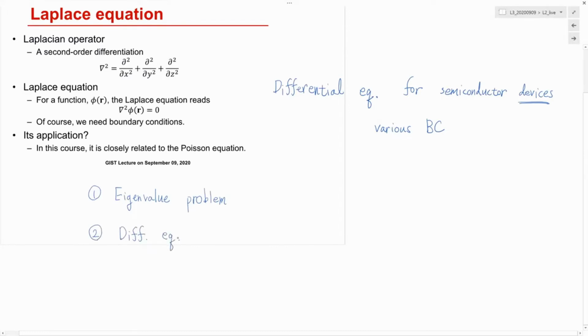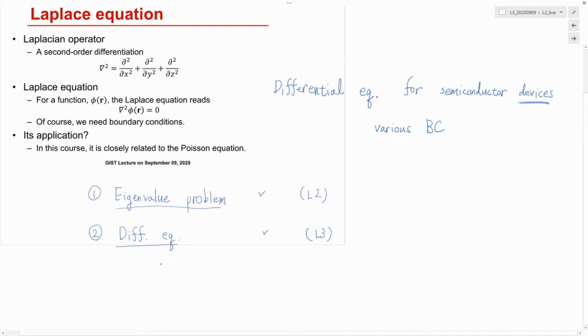We have to be able to solve this first category and second category. In the previous lecture, lecture 2, we studied how we can solve the eigenvalue problem. So in today's lecture, lecture 3, we will study the solution of differential equations.